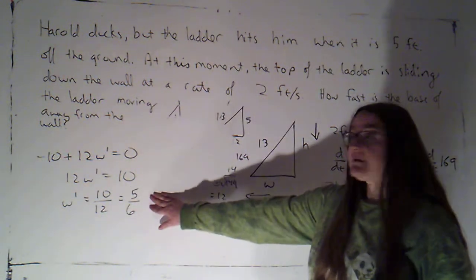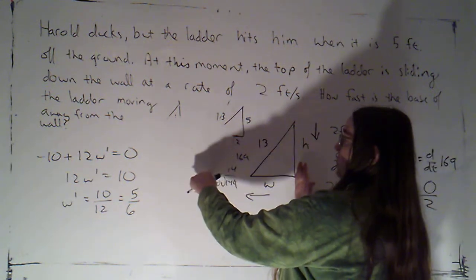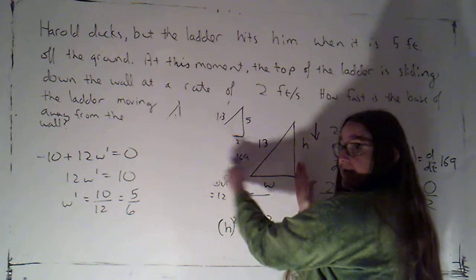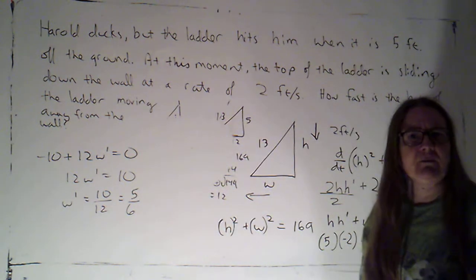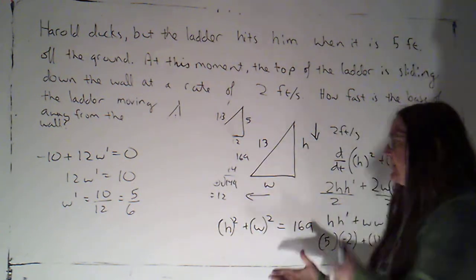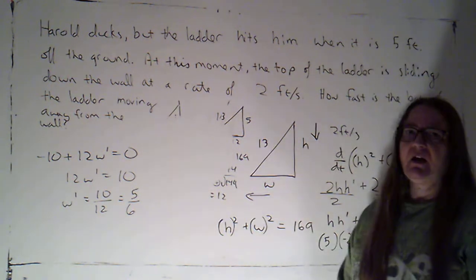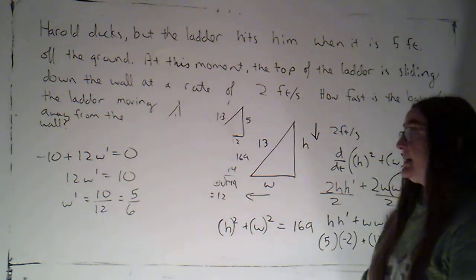It makes sense that that's positive because if the ladder is sliding away from the wall, the distance to the wall is going to be increasing. Okay. I always like to do a quick double check. If I get the wrong sign in my answer, that's going to tell me that somewhere in my setup, or perhaps when I was plugging in the other derivatives, I made a mistake.